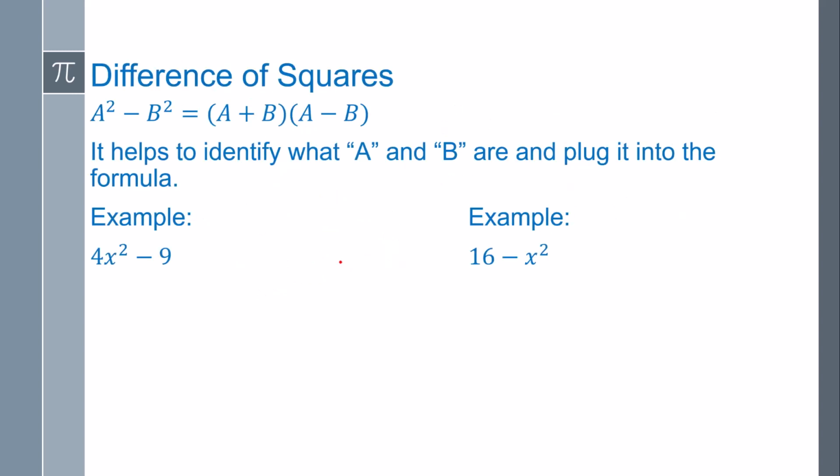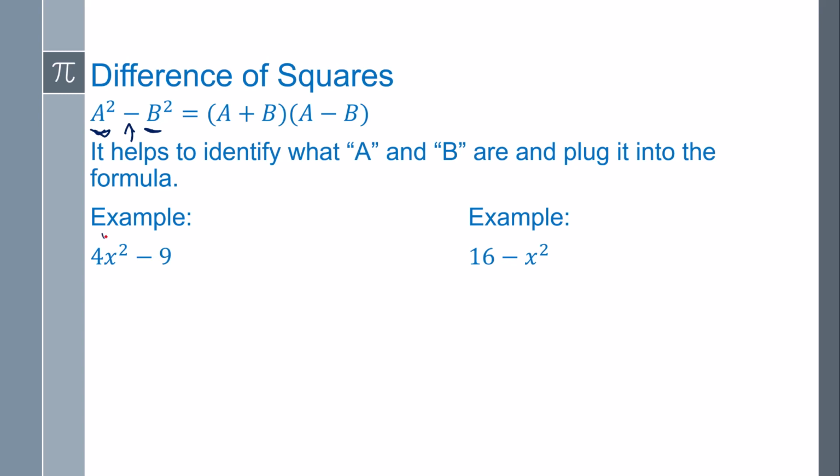Now let's look at a difference of squares. The way that we identify this, and it just takes a little practice, is you have two perfect squares, a squared minus b squared, and they have to be subtracted. Now, all you need to do is identify a and identify b, and then you basically plug it into the formula, a plus b, a minus b.